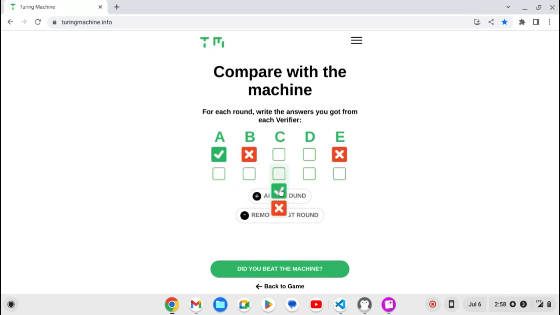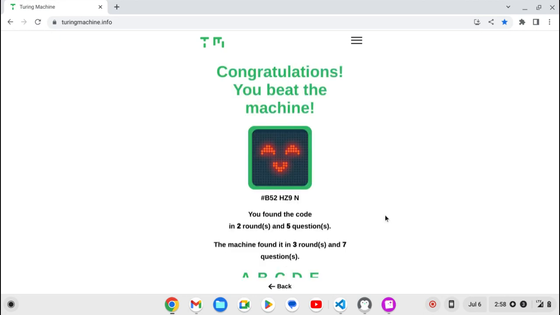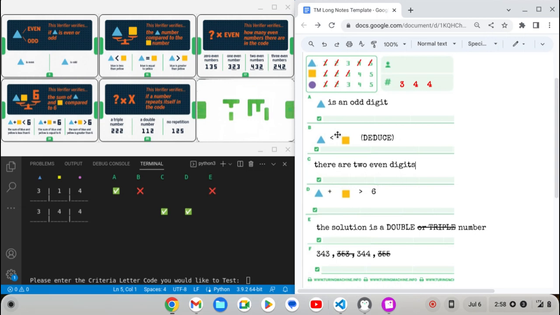Second round, C and D were correct. So let's go ahead and test. Wow, I'm actually surprised that the Turing machine took 7 queries, 7 Turing tests in 3 rounds, but we were able to get it in 5. Not sure what I would attribute that to. Maybe a little bit of luck on our part.